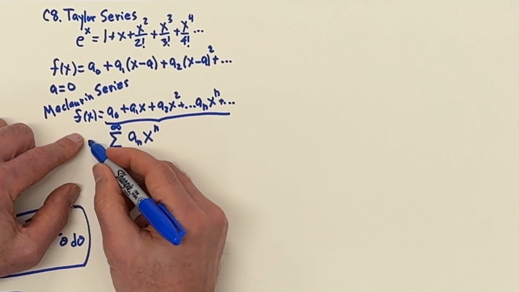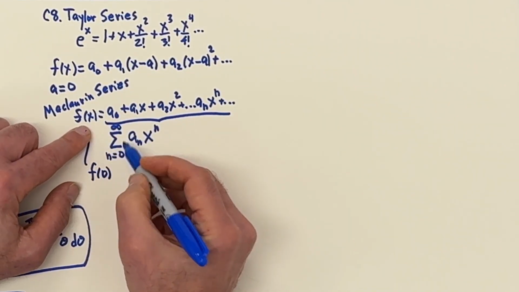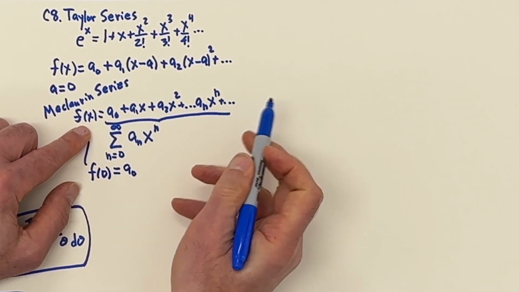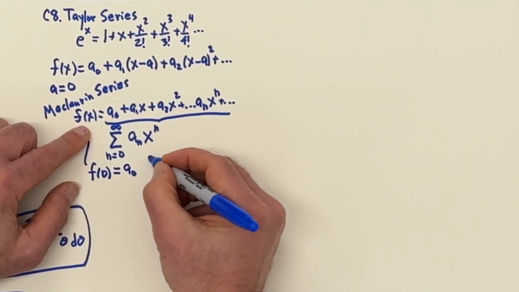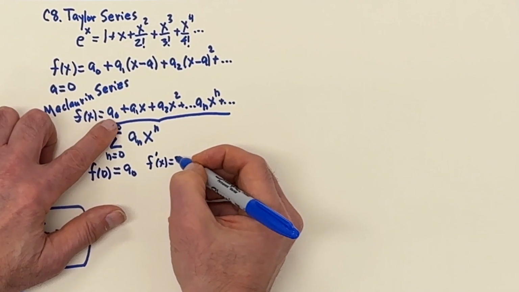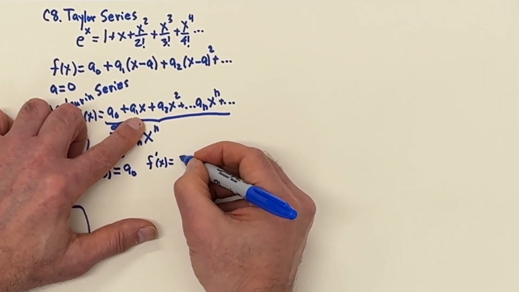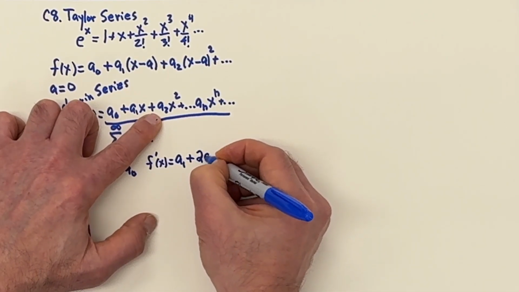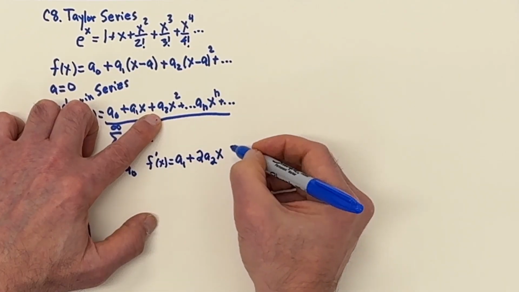Well, we notice that if we have f of 0, if we put in 0 for x, then we get a sub 0 because everything else goes away. And then we notice that if we take a derivative, a sub 0 goes away, and then we pluck off the a1 here, and then the second one would be 2 a sub 2 x using the power rule.